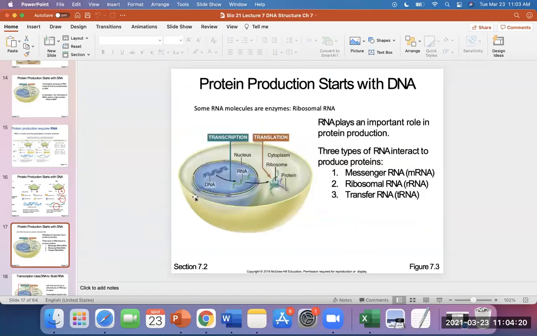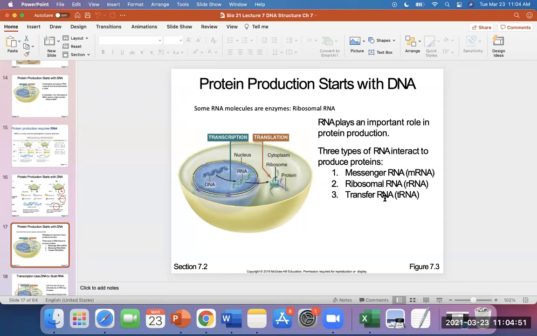And then you have three types of RNA: messenger RNA, ribosomal RNA, transfer RNA. Can somebody tell me the functions of these? Messenger gets information from the nucleus, then it is processed in the ribosome, then transfer RNA will transfer it in order to start making protein.